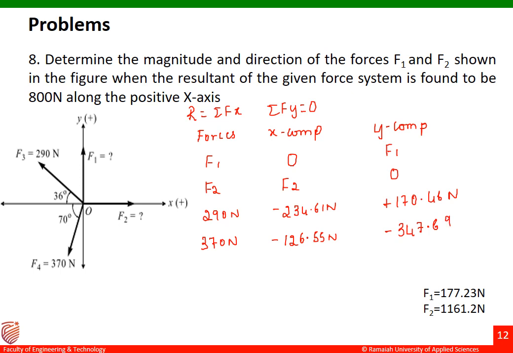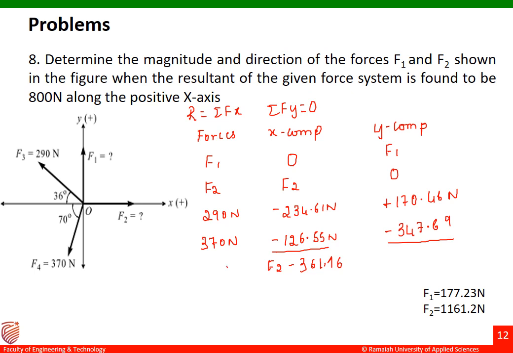So we find out the summation of these two things, that is summation Fx equals F2 minus 234.61 minus 126.55. Okay, you'll get it as F2 minus 361.16.